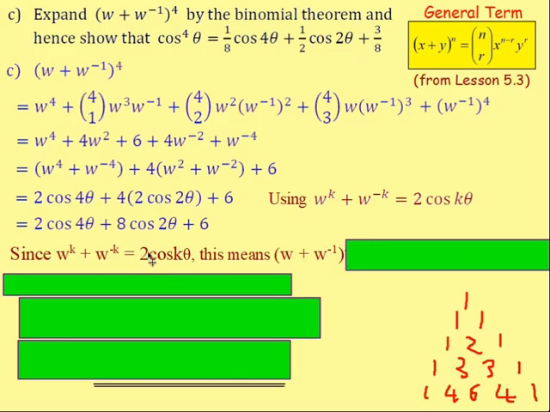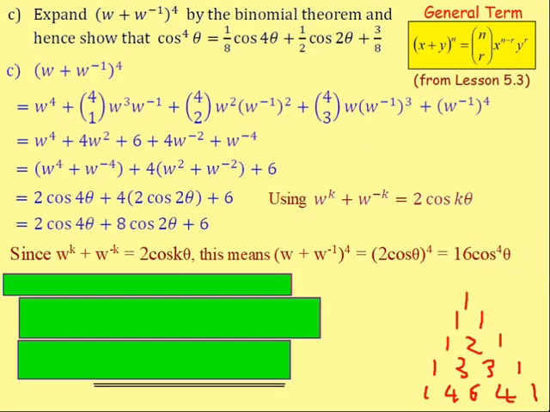So if we replace k with 1, we'd have 2 cos 1 theta, or in other words, just 2 cos theta. But because we've got all that to the power of 4, we'd have 2 cos theta all to the power of 4, which means we've got the 2 to the power of 4, and we'd have the cos theta to the power of 4.